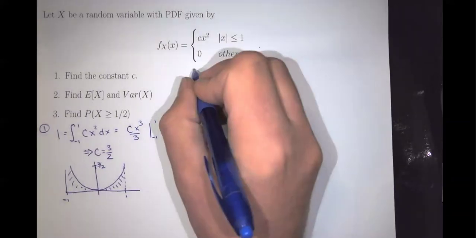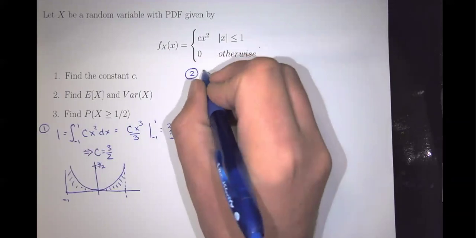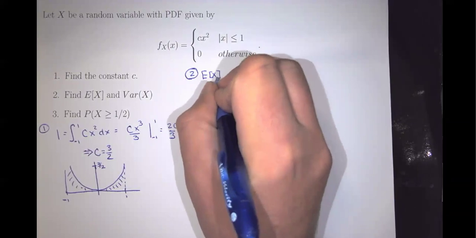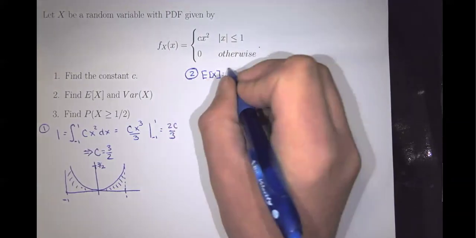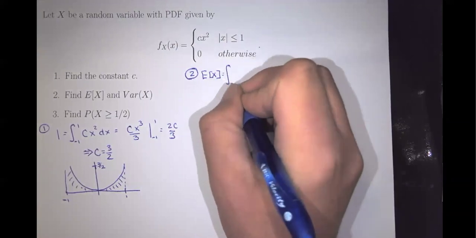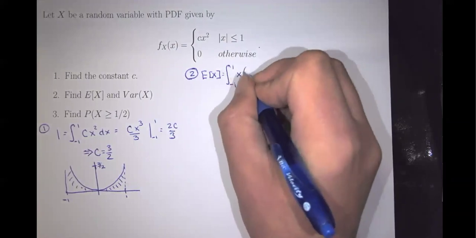All right. Next, this little observation is going to help us a little bit with part 2. The expected value of our random variable x is equal to the integral from -infinity to infinity, or in this case, -1 to 1 of x times f of x.